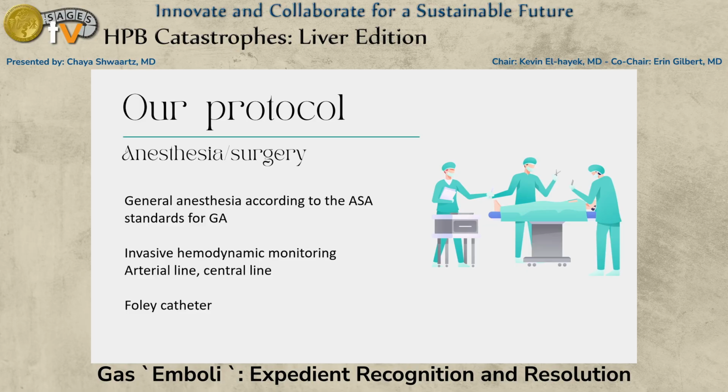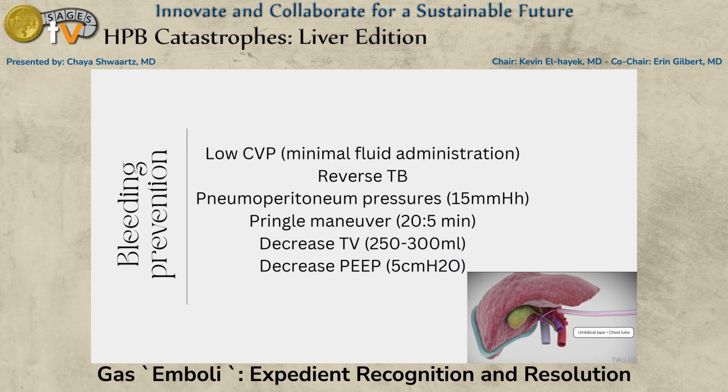Our protocol, which most of us use in Toronto, is of course general anesthesia with everything that comes with it. Most of the patients have an arterial line and a central line. We ask anesthesia to keep the CVP very, very low, and basically we limit the amount of fluid that we give during the case. For most surgeons, the amount of fluid that we ask them to give while we're going through the liver is up to 150 cc.